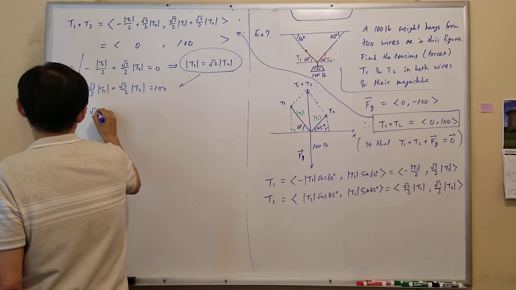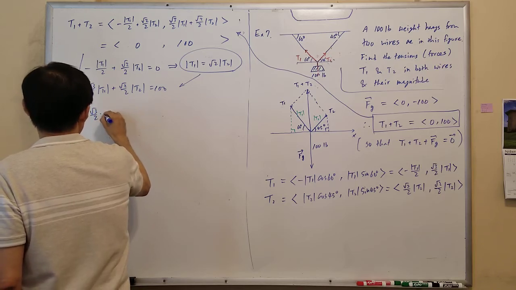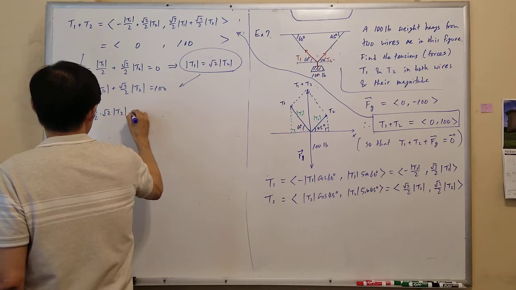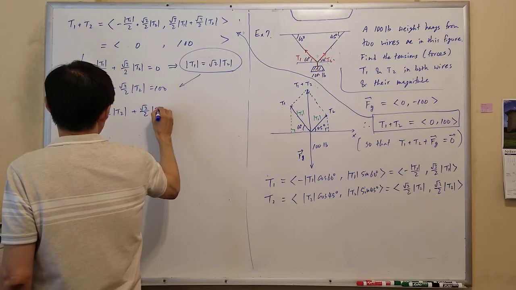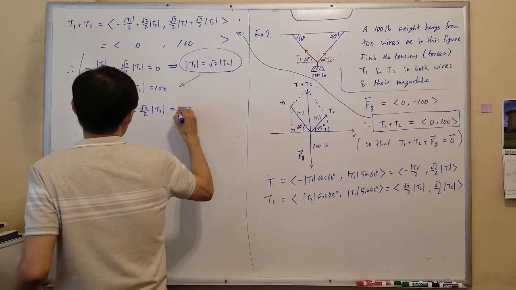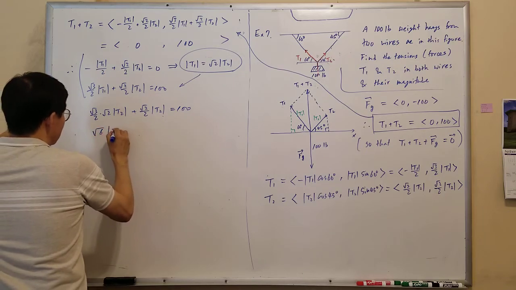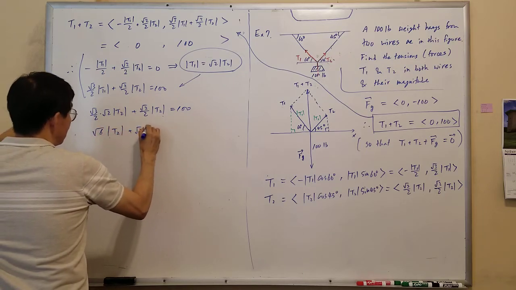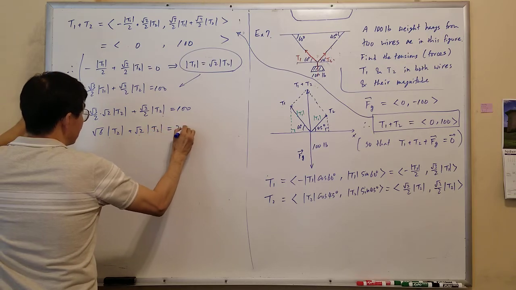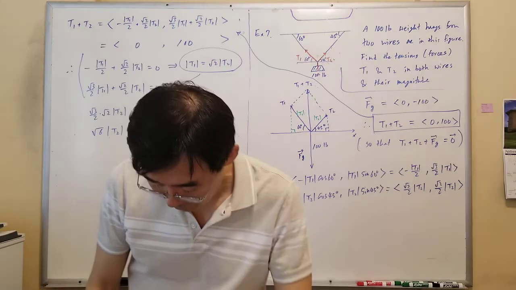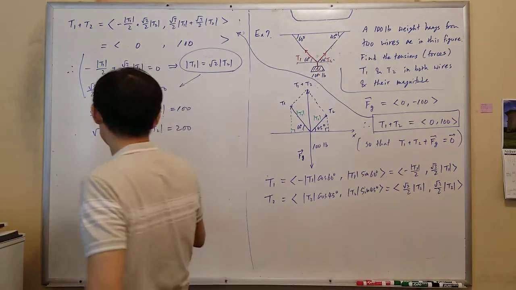So square root of 3 over 2 times square root of 2 T2, plus square root of 2 over 2 T2, equals 100. Multiply both sides by 2. Square root of 6 T2 plus square root of 2 T2 equals 200. Okay?